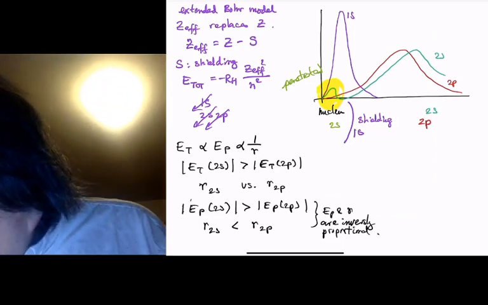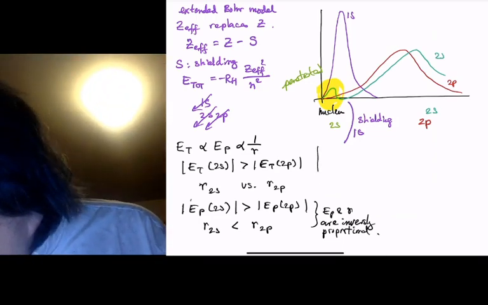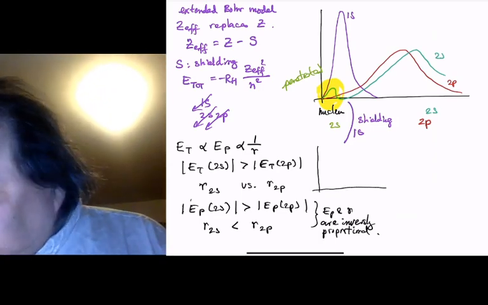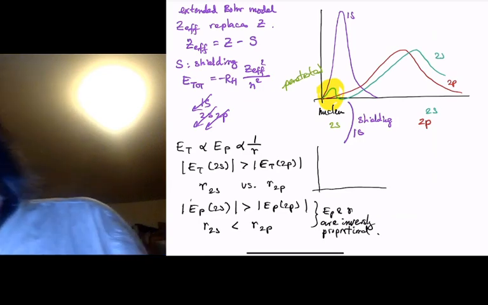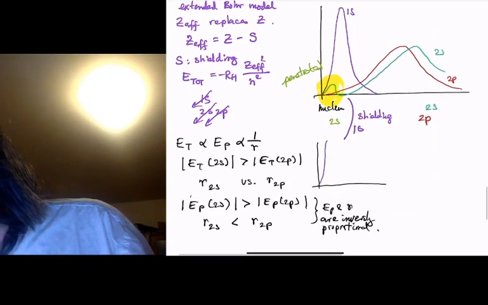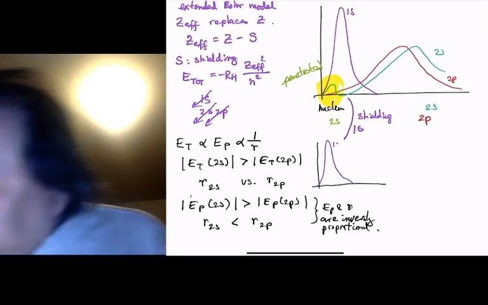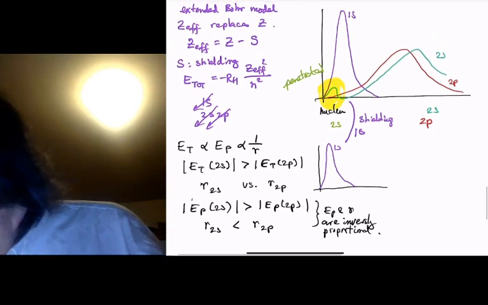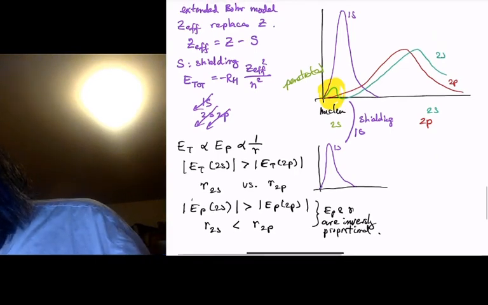And so we can now draw a new picture. The 2s is now smaller, and therefore I'm going to keep the 1s at the same place. But if the 2s is smaller, that means that the function has shifted downwards. And here I'm going to make it even smaller now.